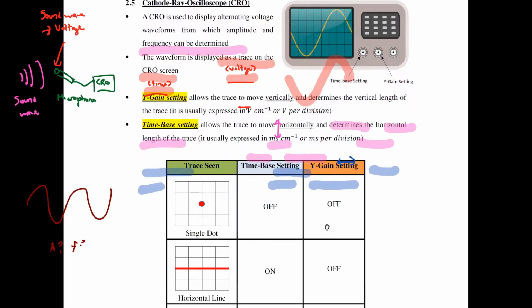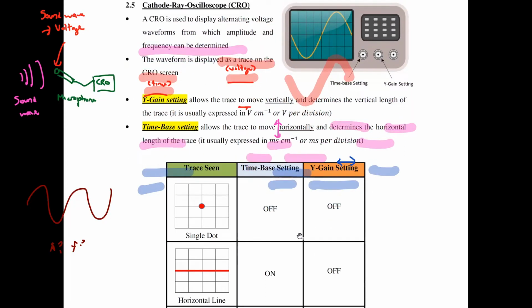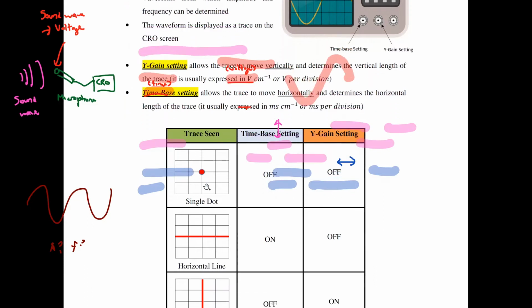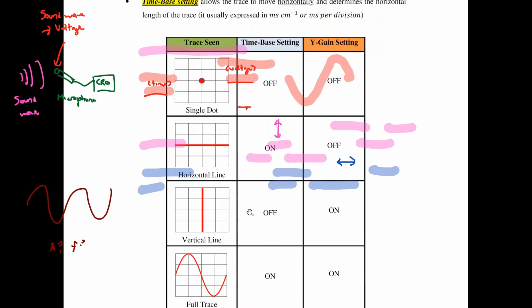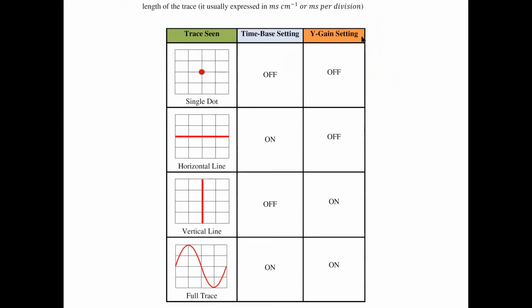Now, what is the effect of switching on and off the time-based setting and Y-gain setting on the trace that you see on your CRO screen? Generally speaking, if I switch off both the time-based and Y-gain settings, my trace cannot travel horizontally, and it cannot travel vertically.